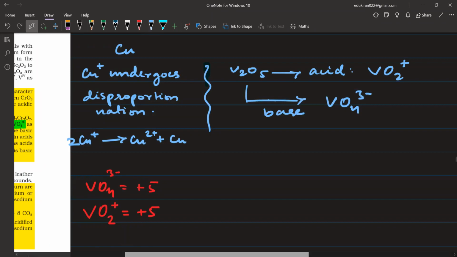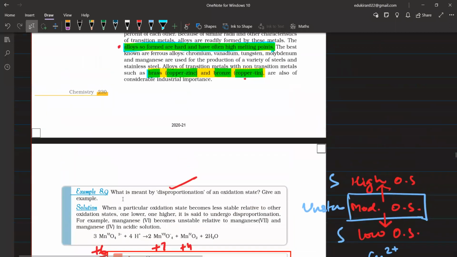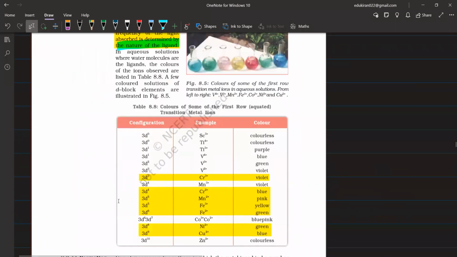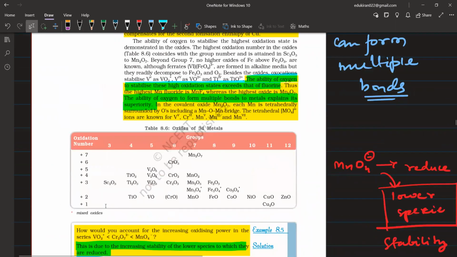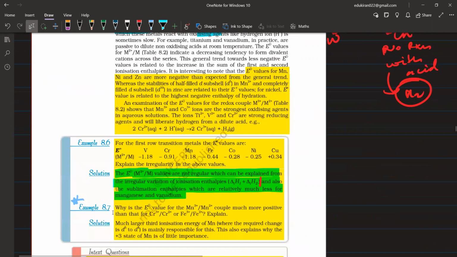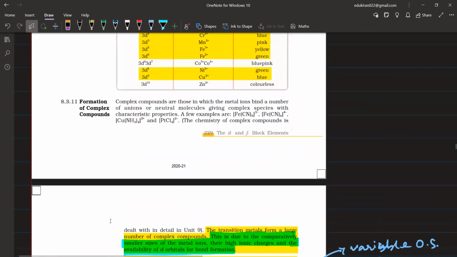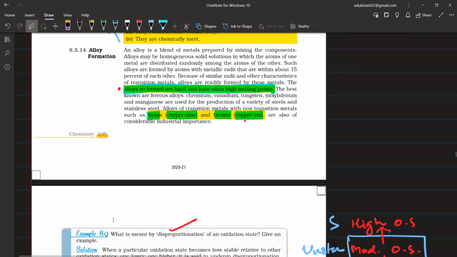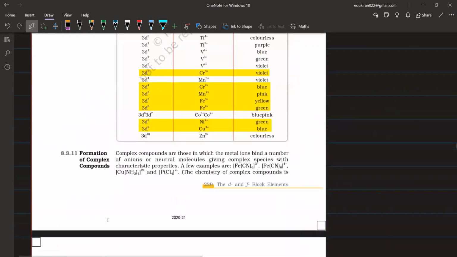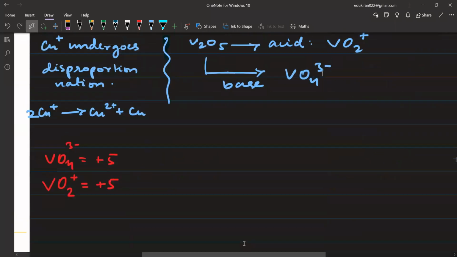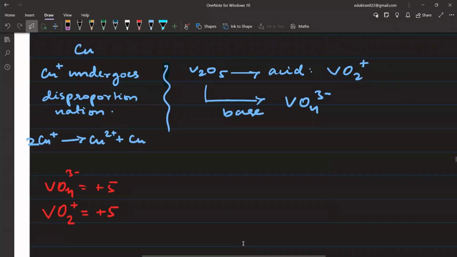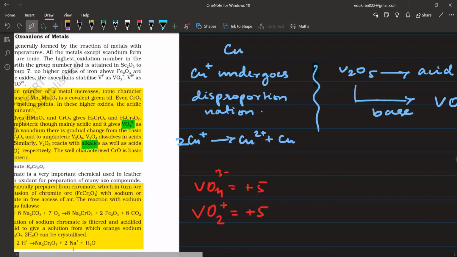Okay, just let me confirm this. एसिड के साथ पॉजिटिव और बेस के साथ नेगेटिव.